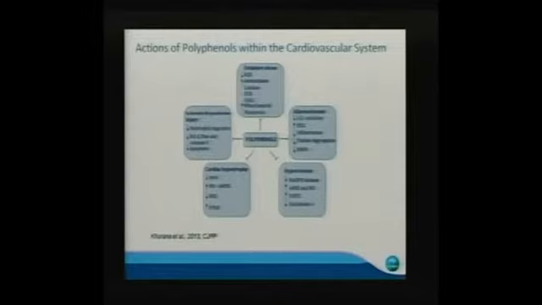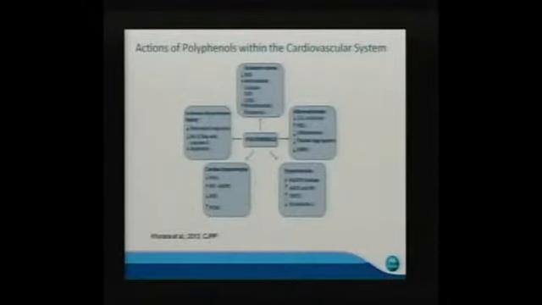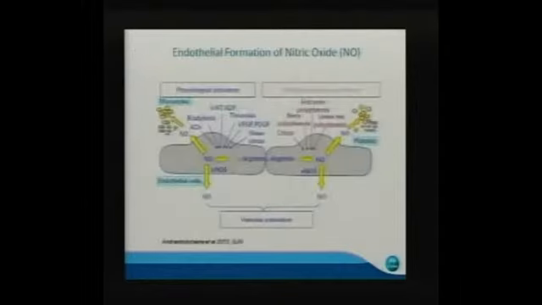Those are enzymes that are involved in plaque stability. So there is some emerging evidence that polyphenol consumption may actually promote stability of a plaque, but there is more work to be done. And cardiac hypertrophy is influenced, hypertension, blood pressure, and its related actions mediated through those different mechanisms within that box.